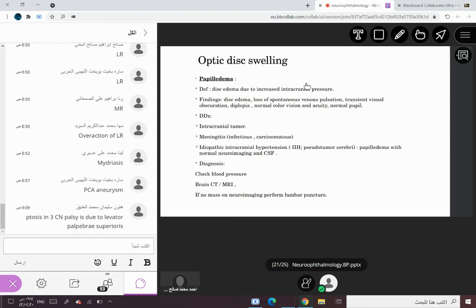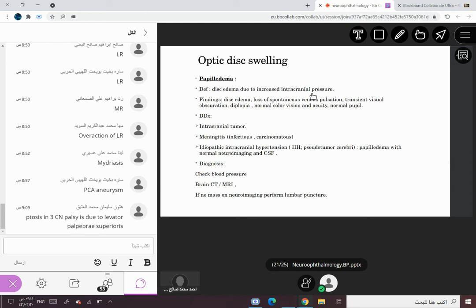For me, if you see a disc swelling and you mention this is a disc swelling, I'll be very happy. Not all disc swelling is papilledema, because papilledema has a definition. It's a disc edema due to increased intracranial pressure.